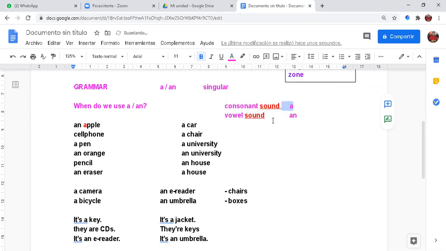If it is vowel sound, you use an. How will I notice? Pronunciation is important in that part.